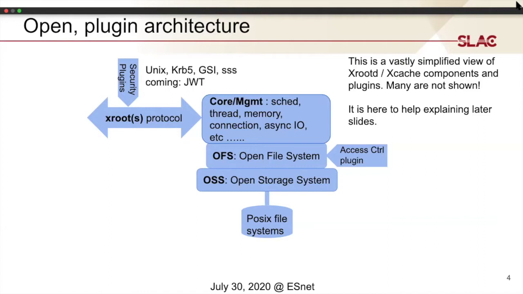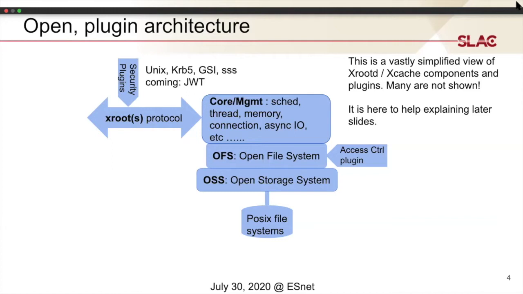On the left, you have the protocol which deals with the client. The data flows between the server and the client using this Xroot protocol, which comes with its own many security plugins like Kerberos, GSI, SSS, and in the future we will have JSON Web Token.